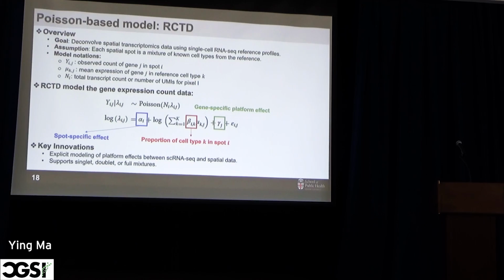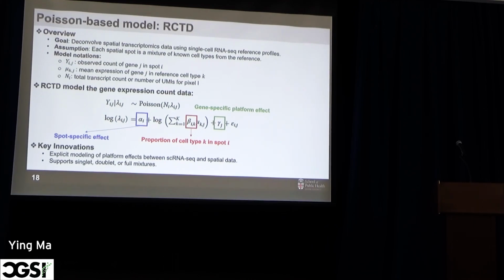The goal is still to deconvolve spatial transcriptomics data, also leveraging the single cell reference. The assumption is that each spatial location is a mixture of the known cell types from the reference. Here are some model notations. Given that we observed the gene expression data for gene j in spatial location i, which is Yij, and given their rate parameter lambda ij, we assume a Poisson distribution, and we further place a log normal distribution on this rate parameter.